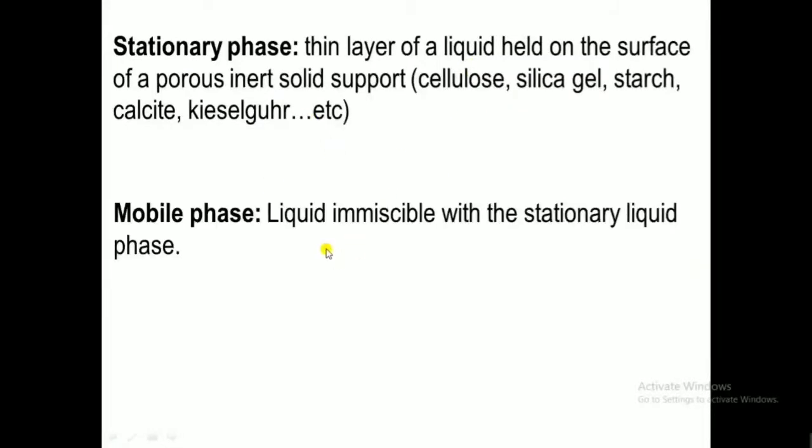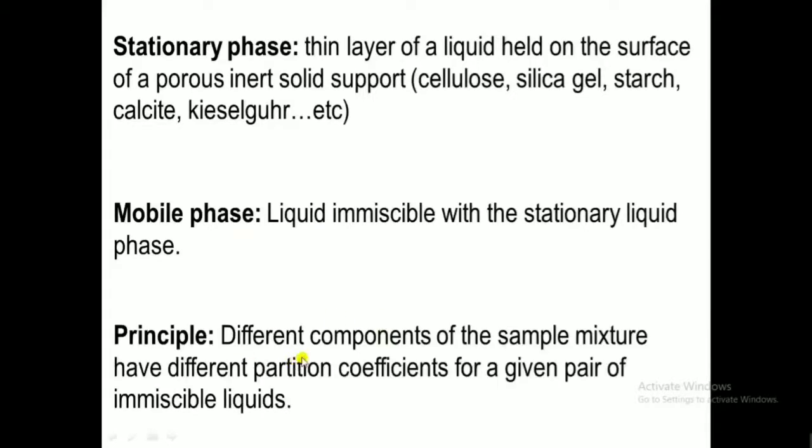That will form the stationary phase. The mobile phase is a liquid, very important, which is immiscible with the stationary liquid phase, because in the stationary phase we have a liquid phase. So your mobile phase should never be miscible with the stationary phase. These are two immiscible liquids. The principle is that different components of the sample mixture have different partition coefficients for a given pair of immiscible liquids.